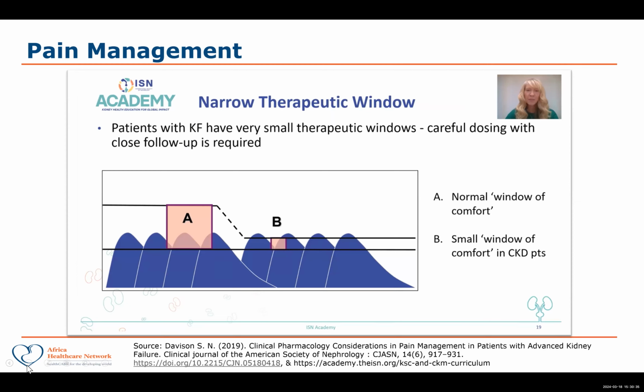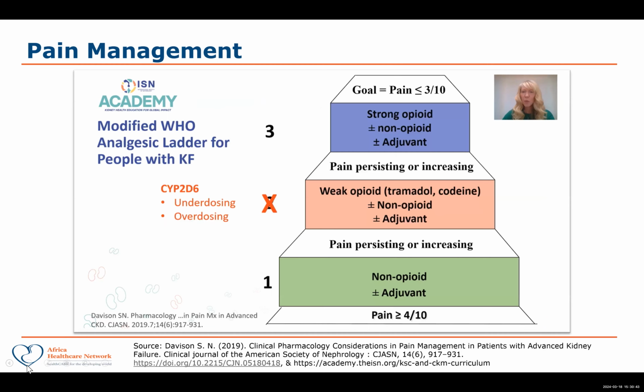Any patient who's experiencing more pain, 5 and higher, we could consider an opioid, as well as the non-opioid that we started, the paracetamol and the adjuvant. We really want the goal of the pain to be less than 3 out of 10, and this is quite important.